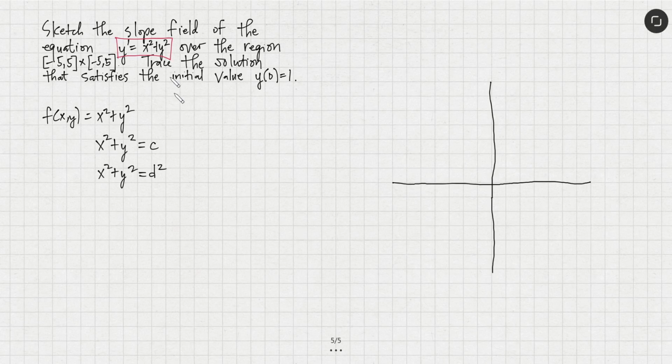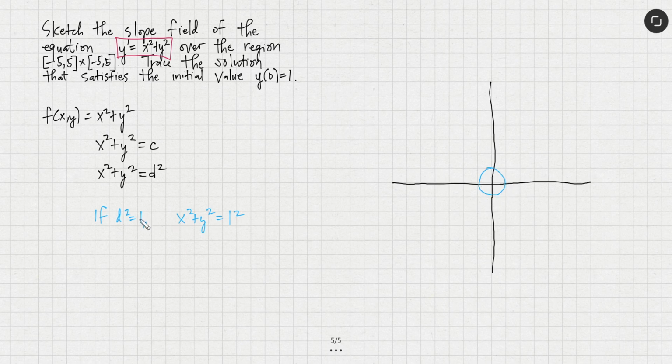So again, d squared equals 1. So that is the isocline, which is a circle of radius 1. So if d squared equals 1, yung isocline natin ay x squared plus y squared equals 1, which is a circle of radius 1. So, ito yon. Okay.